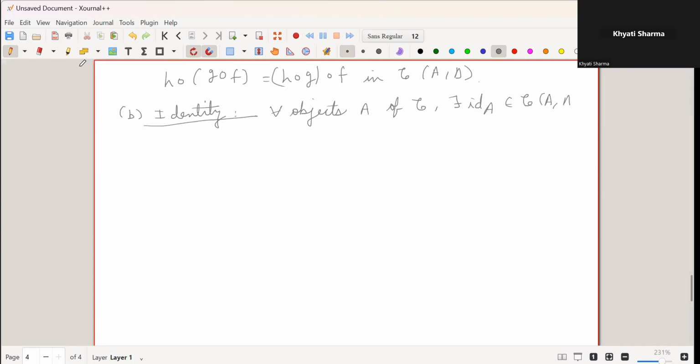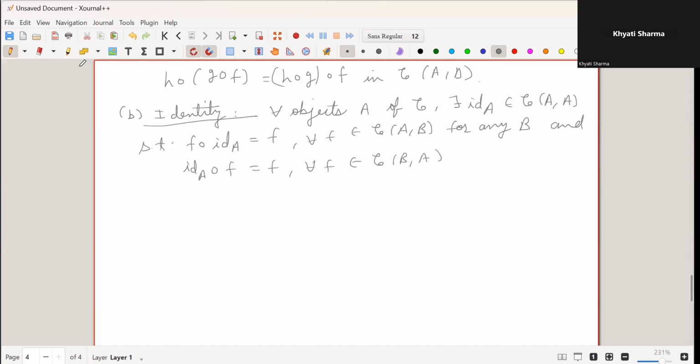You can map A to A by an assignment, say identity of A, such that this assignment plays the role of identity map for all arrows emerging out from A to B, and this should hold for any B. And it is true in the other direction also, that identity of A composed with f is equal to f for all f that is emerging out from B and going to A. It plays the role of identity. There is some assignment for each A.